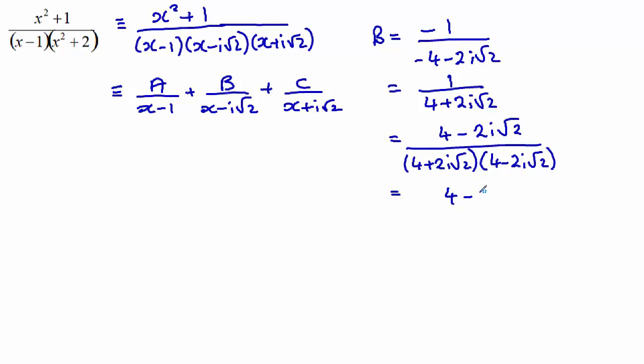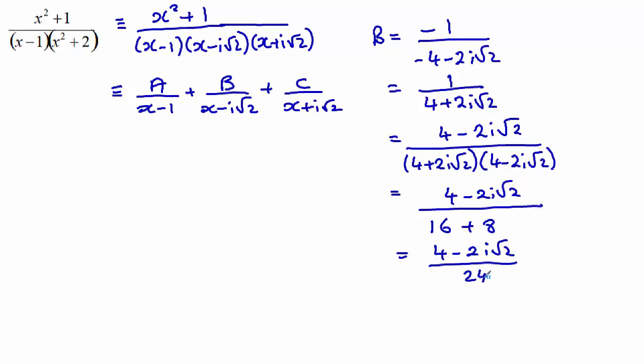So that's 4 minus 2i root 2 over 16 plus, so 2 root 2 times 2 root 2 is 4 times 2, which is 8. So that's given us 4 minus 2i root 2 over 24, which is 2 take away i root 2 over 12. So that's the value of B.